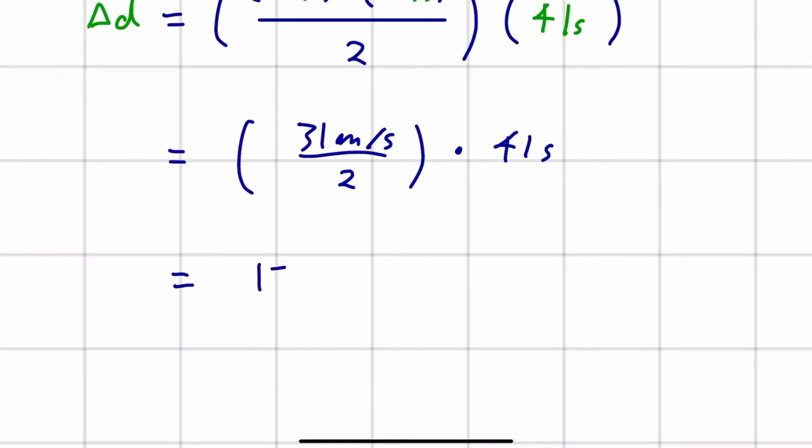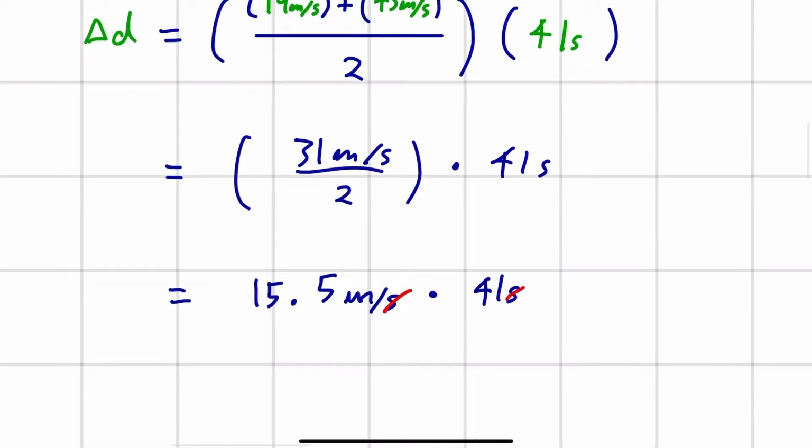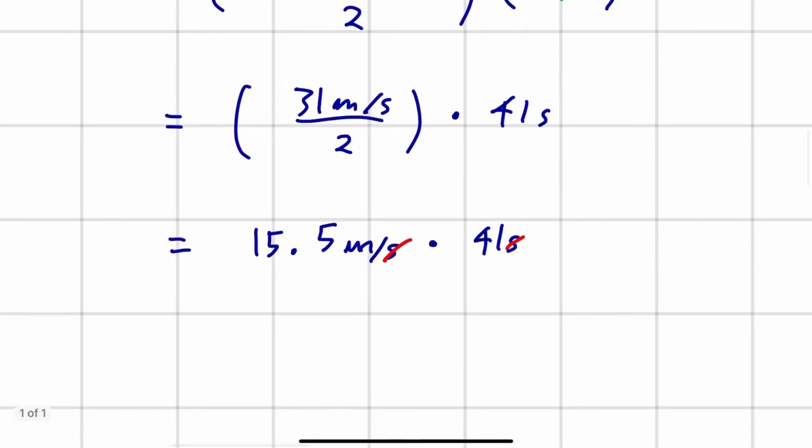as we continue. So we have 15.5 meters per second multiplied by 41 seconds. That means our seconds cancel out, and we are left with an answer of 635.5 meters.